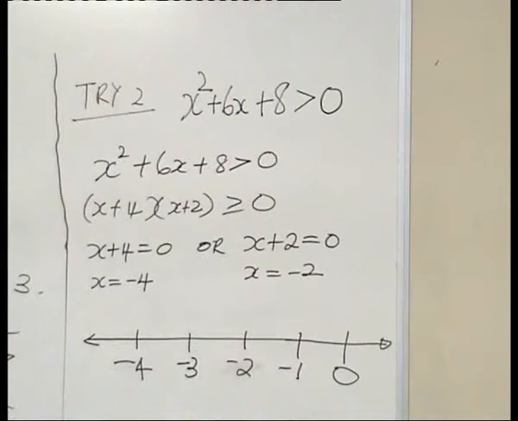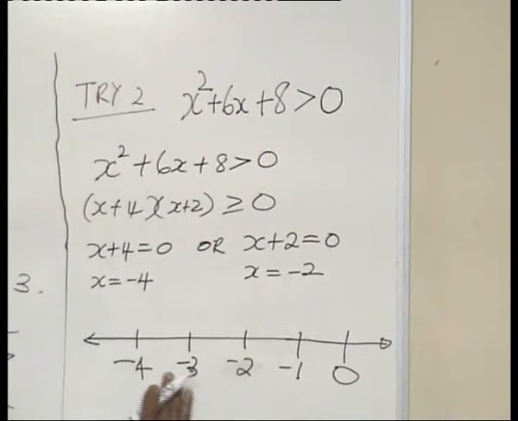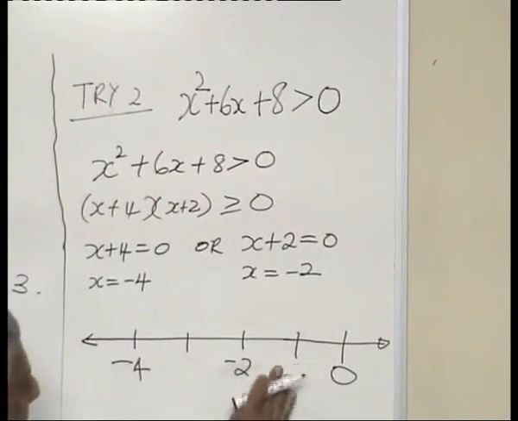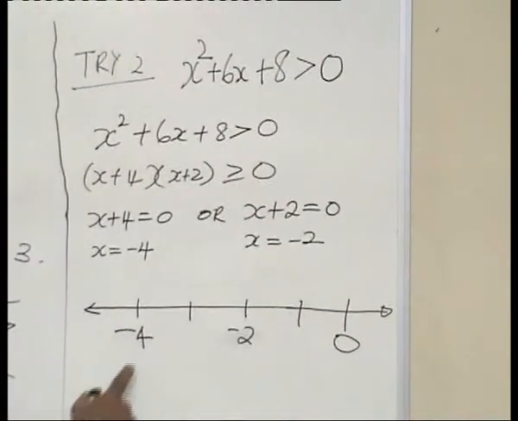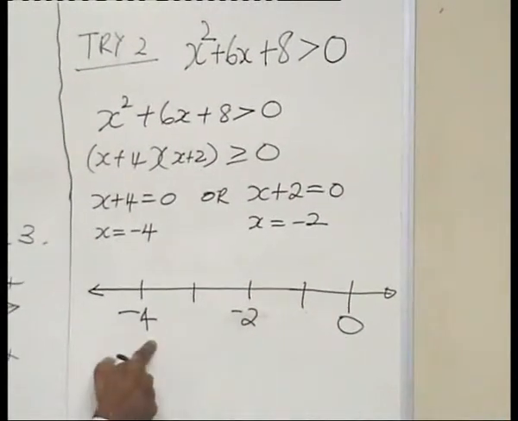So you see, even I made a mistake, and making mistakes is normal, and we are human beings, so don't get worried when you make mistakes. Alright, so there's minus 4 in the right place, right? And there's minus 2. So I'm going to take these other numbers out because I'm not interested in them. So there are the 2 critical values.